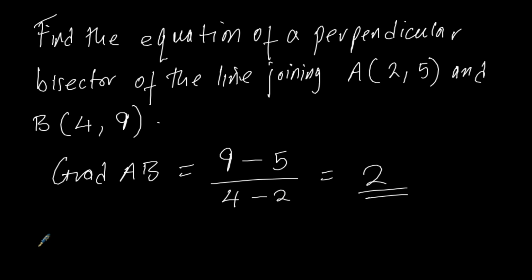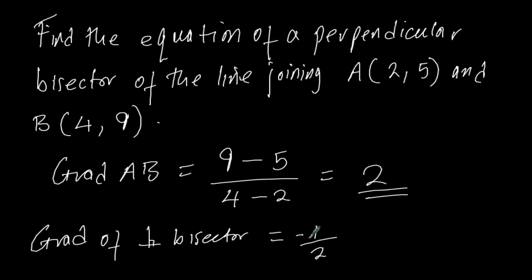But the gradient of the perpendicular bisector line will equal -1/2, from the fact I told you at the beginning that m1 m2 is equal to -1.